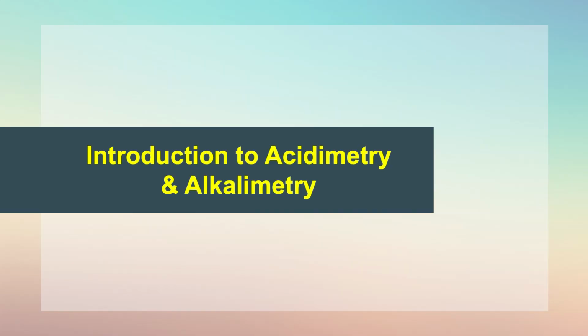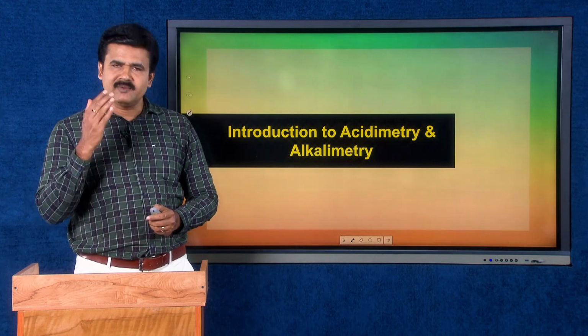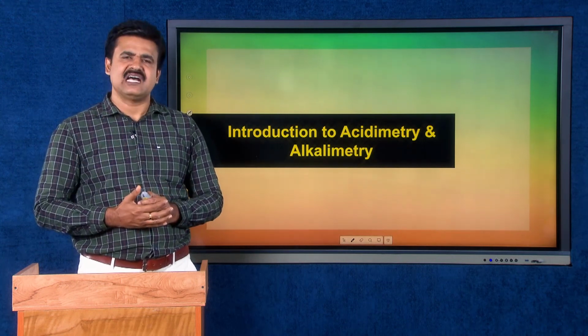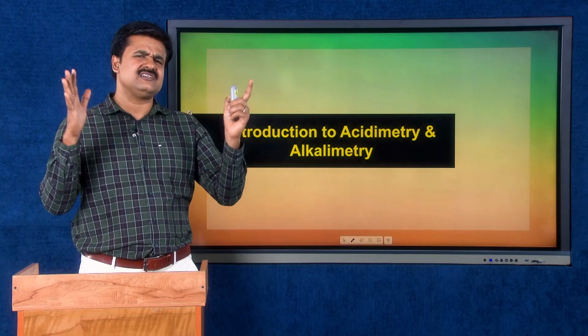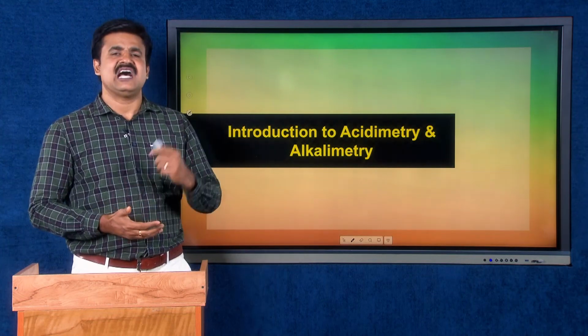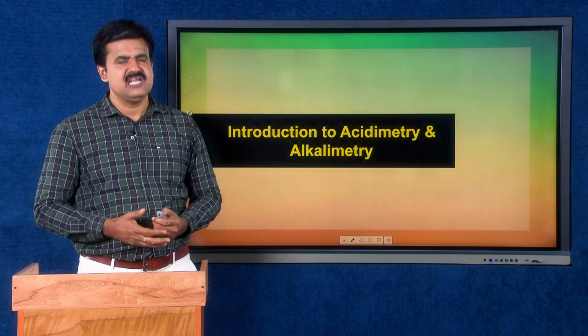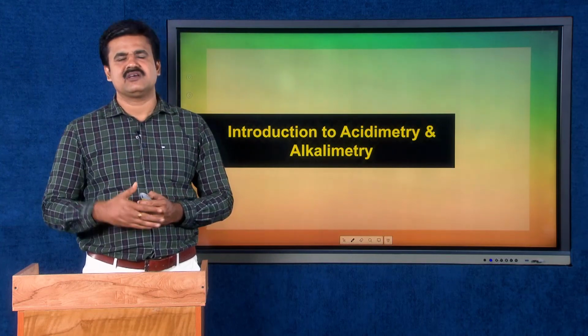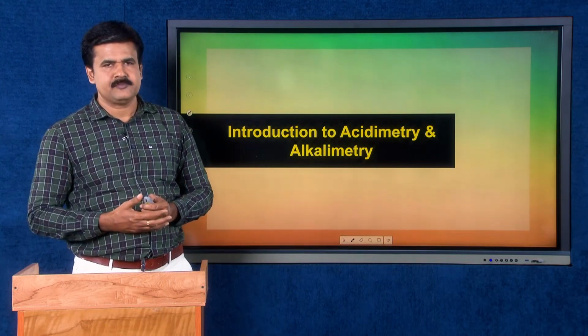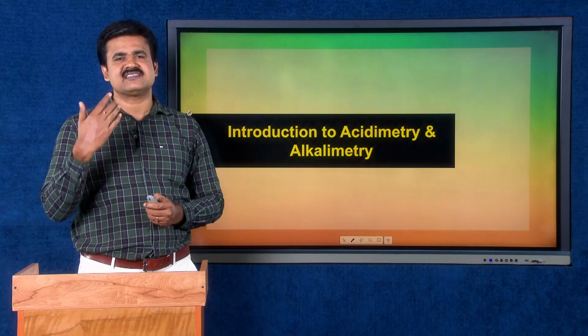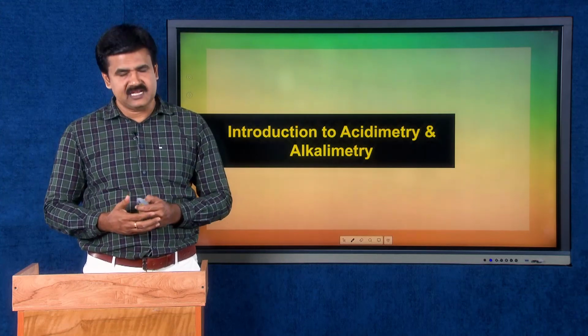Now we are entering into acidimetry and alkalimetry. The titration, the volumetric analysis involving acids and bases are collectively known under the heading acidimetry and alkalimetry. Now we can have an introduction about acidimetry and alkalimetry. This belongs to acid-base titrations of volumetric analysis.